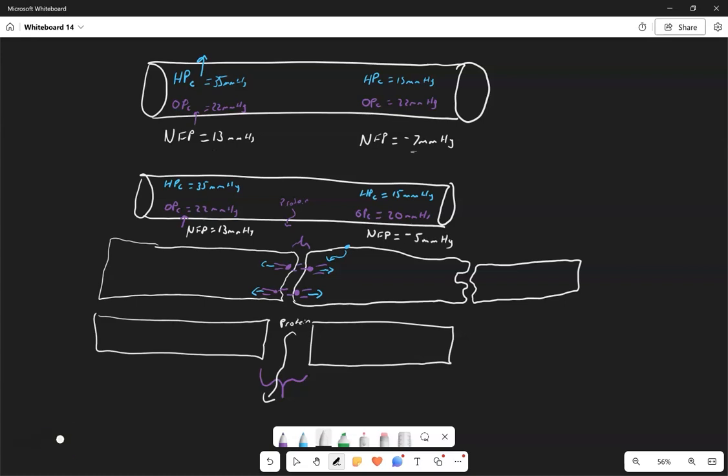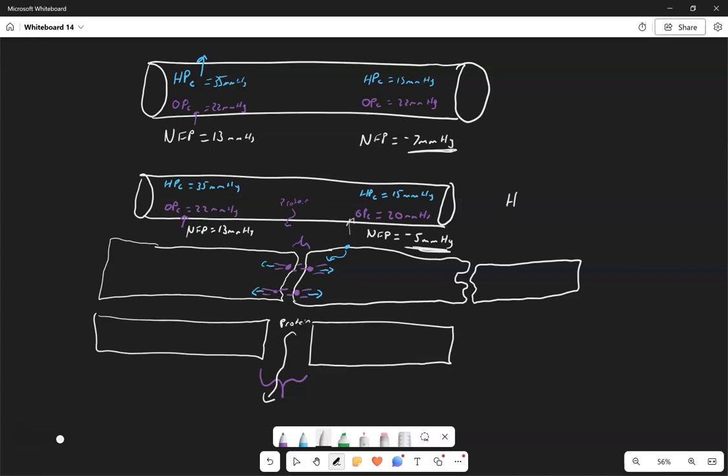Under normal conditions, we had a net absorption pressure of 7 millimeters of mercury. Now it's only 5 millimeters of mercury. So the reabsorption on the venous end has decreased.